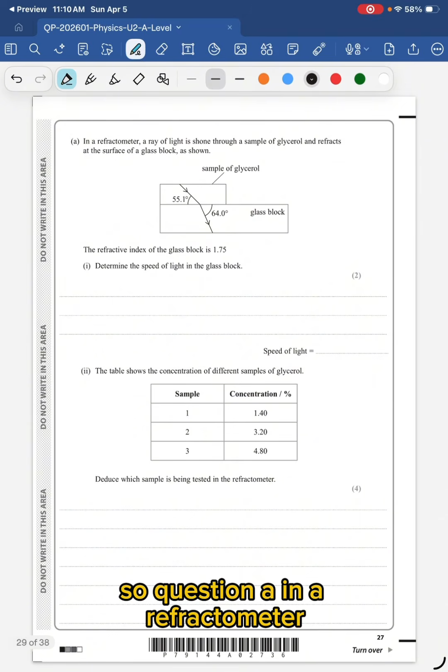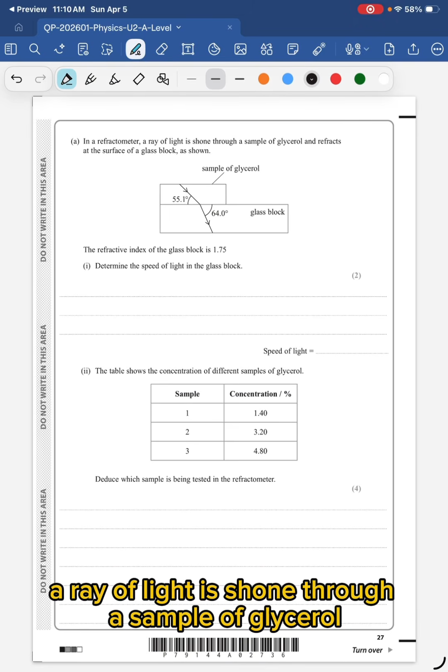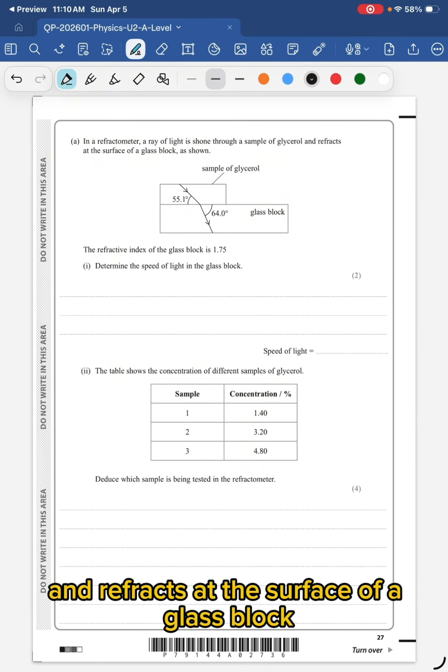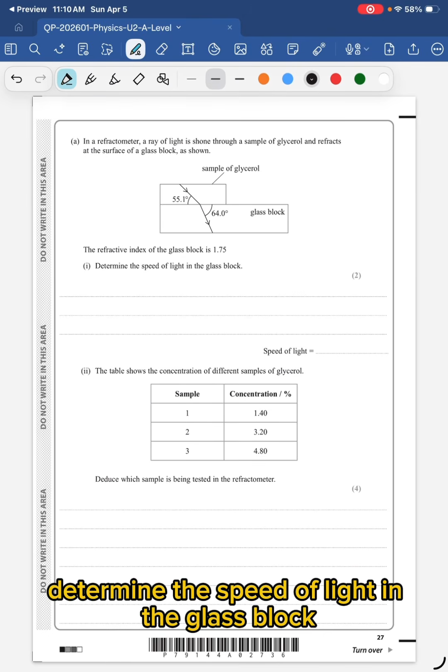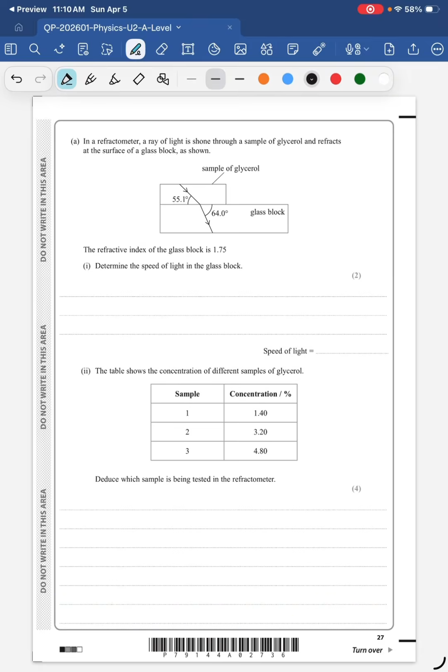So question A. In a refractometer, a ray of light is shone through a sample of glycerol and refracts at the surface of a glass block as shown. The refractive index of the glass block is 1.75. Determine the speed of light in the glass block.